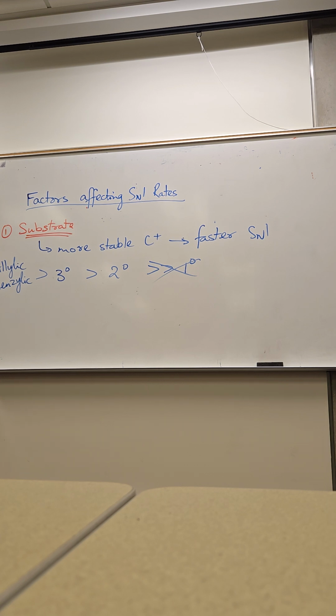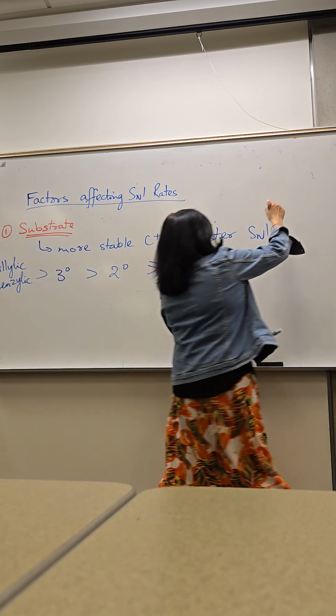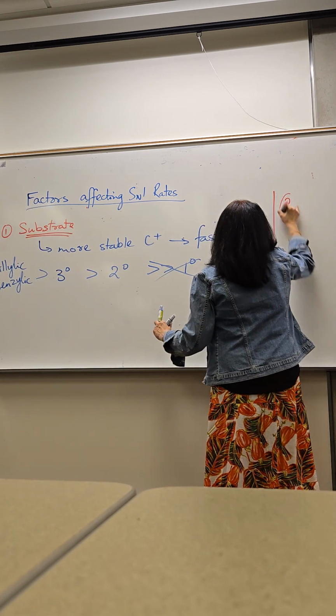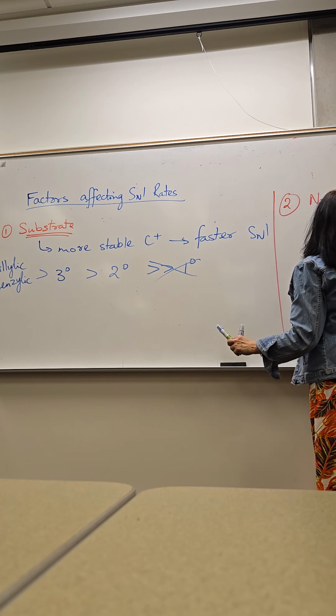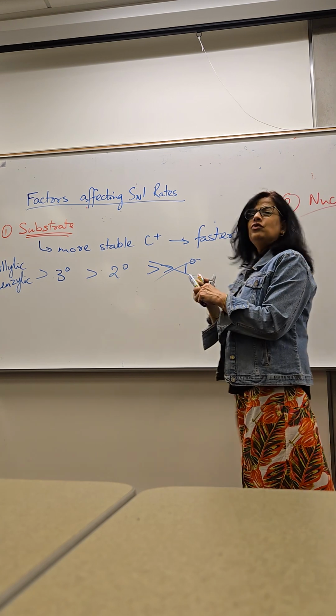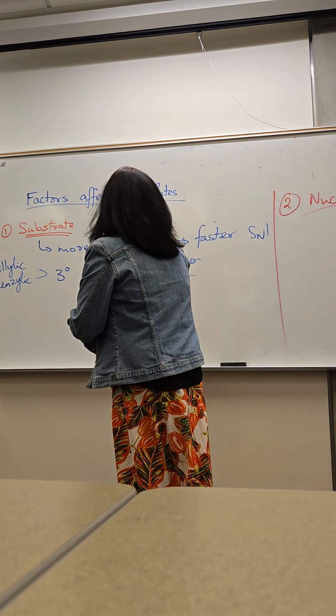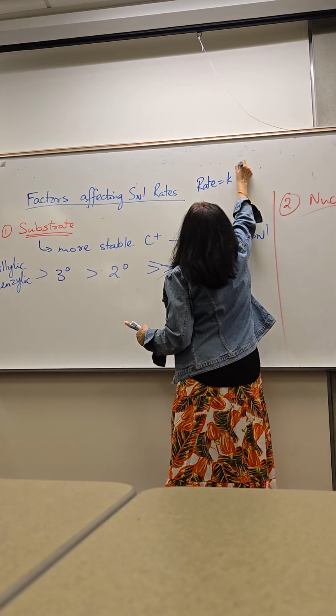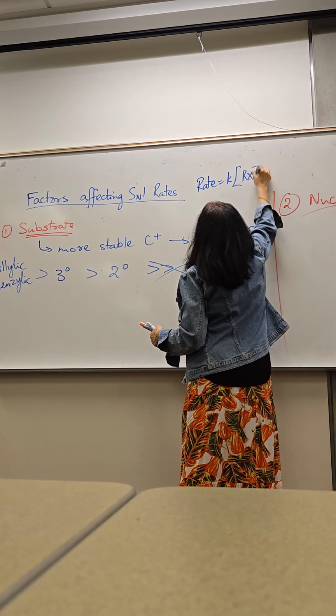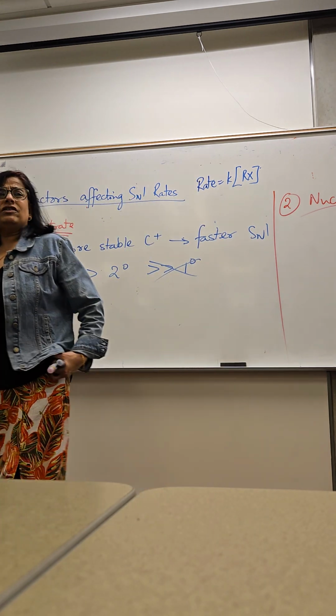Okay, what's the next factor we look at? Nucleophile. So does the nucleophile come into the picture for SN1? No. Please remember that when we wrote the rate equation, when we said rate is equal to k times concentration of substrate, is nucleophile part of it?